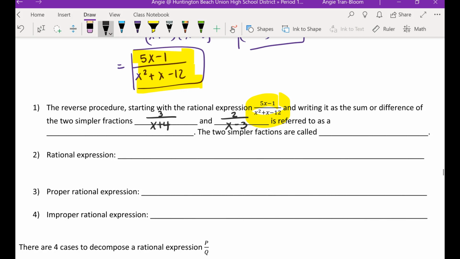The two simpler fractions are called partial fractions.